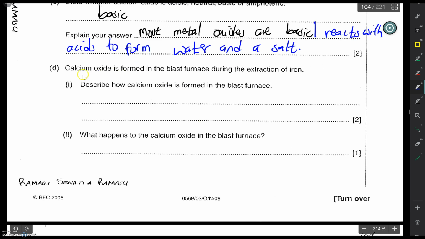D says calcium oxide is formed in the blast furnace during the extraction of iron. Describe how calcium oxide is formed in the blast furnace. Well, in the blast furnace, there's calcium carbonate. So calcium carbonate is heated to high temperatures.